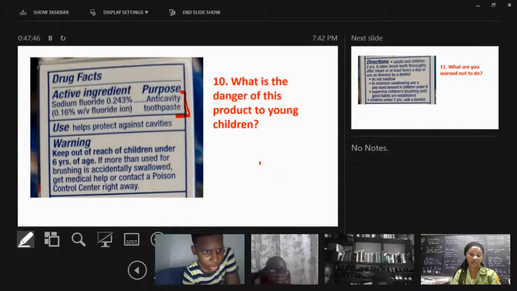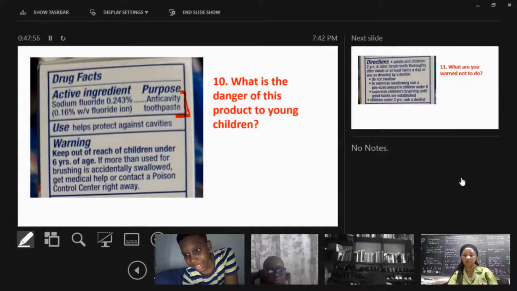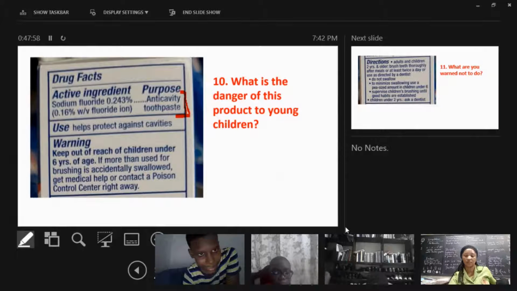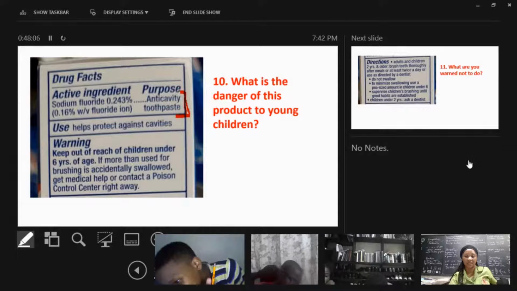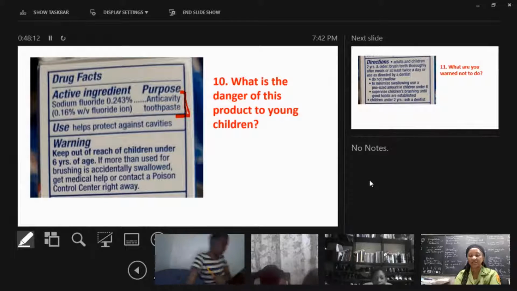What is the danger of this product to young children? Miss, if the child swallows too much of the toothpaste, it can be poisonous. Correct. That is correct. All right, so Nia says it can be poisonous for children under 6 years of age.